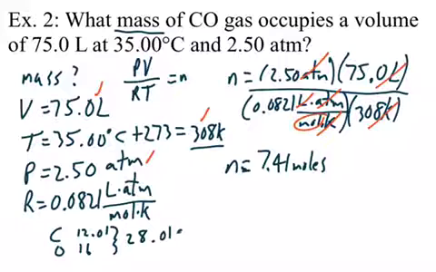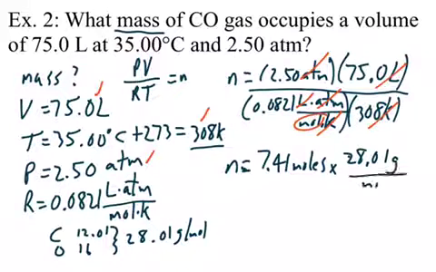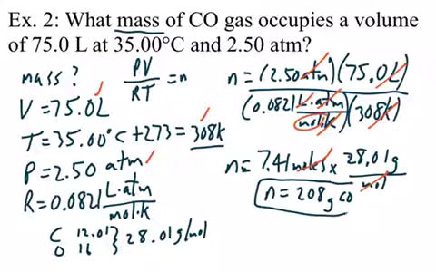Okay, that'll be grams per mole. And if you multiply the moles by the molar mass by 28.01 grams per mole, again, units will cancel. All right, and we do the math, and we're going to use 3 significant digits here, we're going to get 208 grams of CO, and that would be the answer.